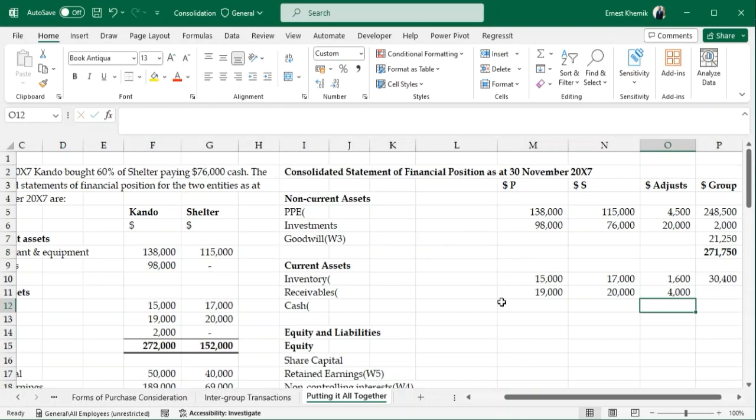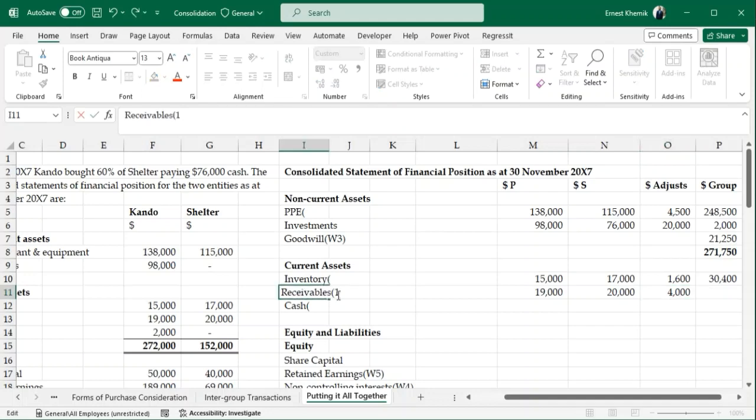4,000 here. All right. So now when you are writing it manually, you can come here and write 19,000.